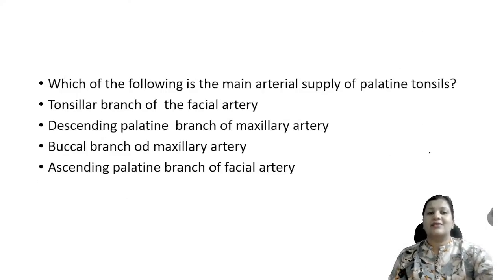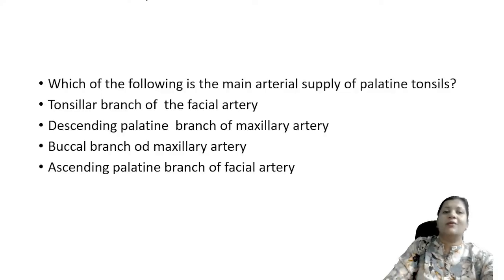Great. Now let's go to the next question. Which of the following is the main arterial supply of the palatine tonsil? Tonsillar branch of the facial artery, descending palatine branch of the maxillary artery, buccal branch of maxillary artery, ascending palatine branch of the facial artery. What is the main blood supply of the tonsil?